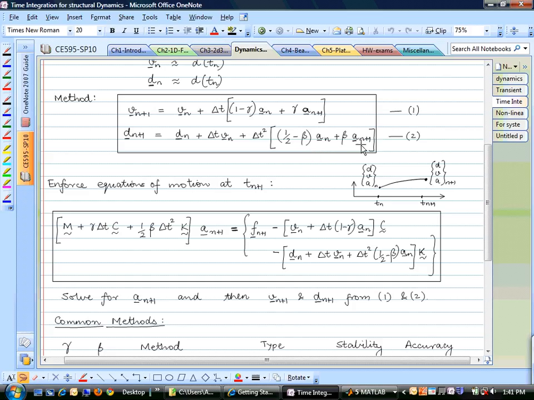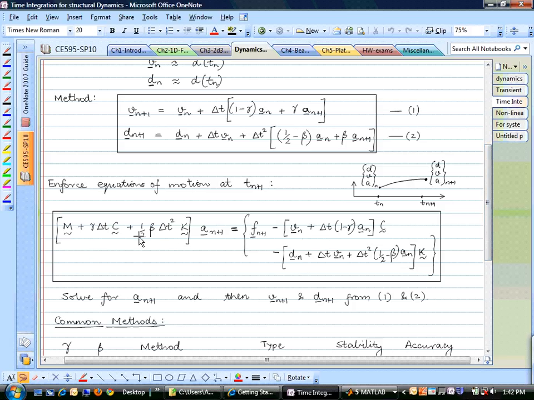You don't even need to calculate the acceleration at this time step. What Abaqus Explicit does is calculate the displacement at the next time step purely by projecting the displacement and velocity from the current time step to the next. Once you have the displacement there, you can go back and solve for a n+1 and v n+1 using this equation itself.